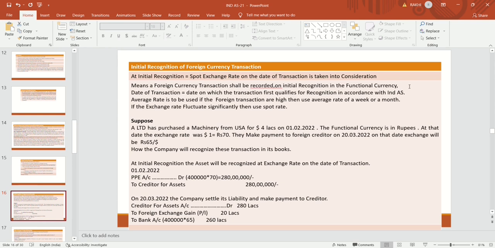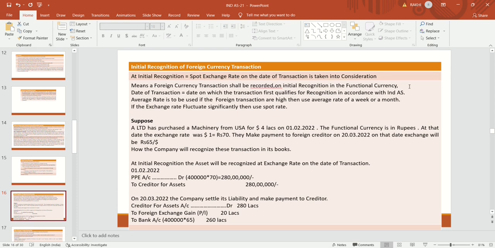They make the payment to the foreign creditors on 20 March 2022. On that date, the exchange rate will be rupees 65 per dollar. On the date of making payment, the company settles its liability and makes the payment to the creditor on 20th March 2022.